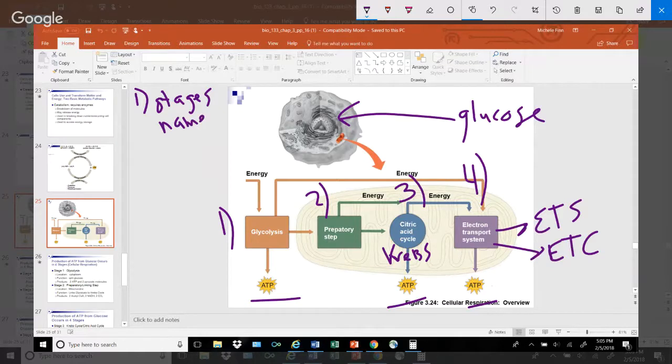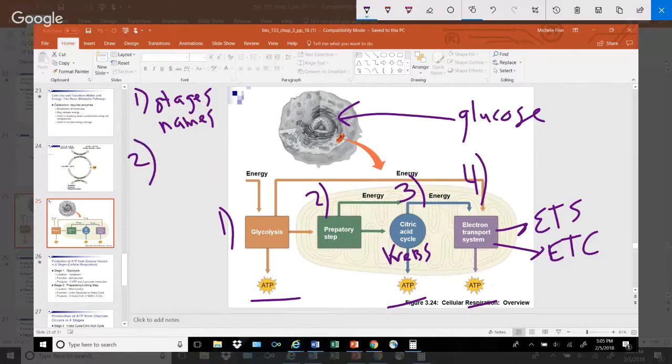You kind of know overall we're getting glucose into our cell, and glucose is going through this factory, step by step, like a factory conveyor belt, and it's got to go through these stages. What we're doing is trying to break it apart into its tiniest components and extract energy out of it to produce ATP. So you should know the stage names.